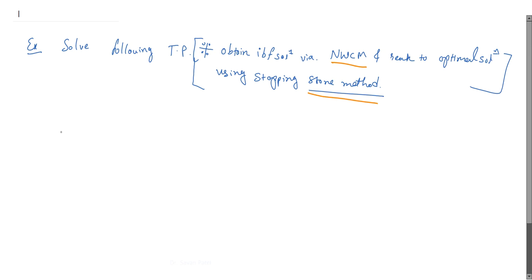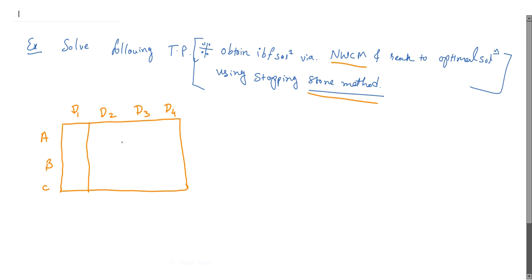So here the problem is, I am writing in a tabular form. It has three sources A, B, and C, and destinations D1, D2, D3, and D4.